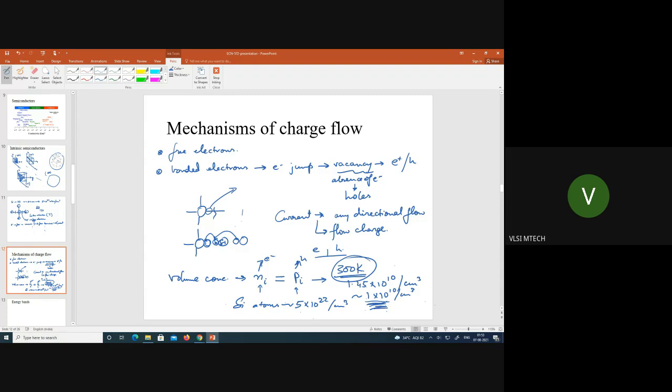It is almost like 2 out of 1 into 10 to the power 13. So there are 2 electrons for every 10 to the power 13 atoms, that sort of a thing, right? So that is actually too less.